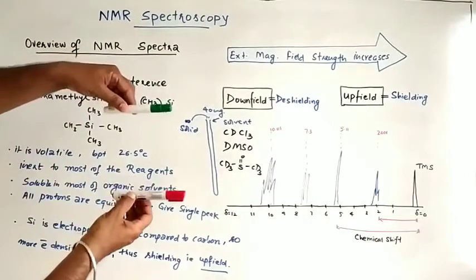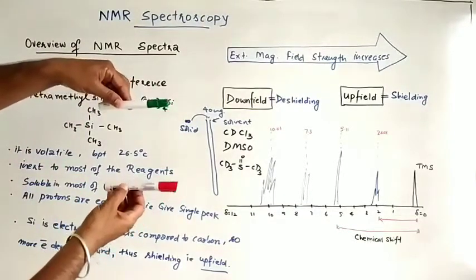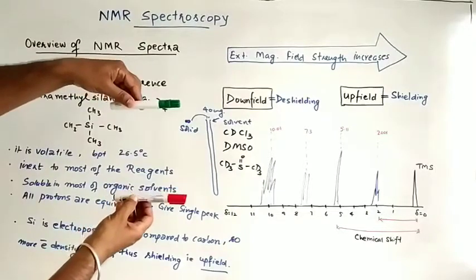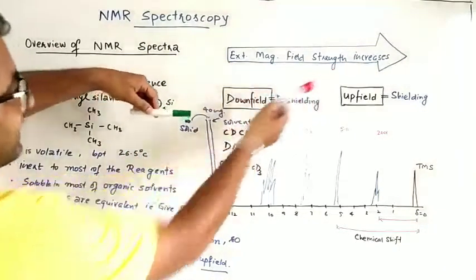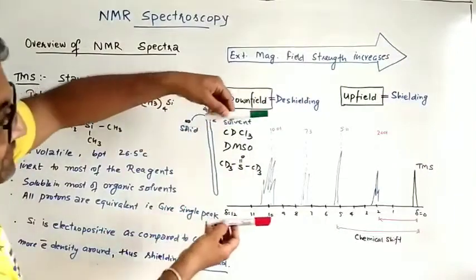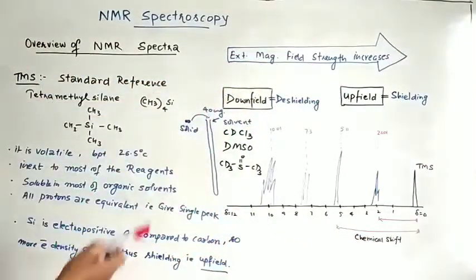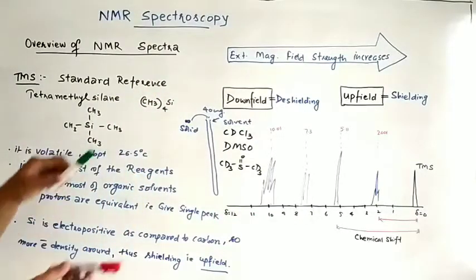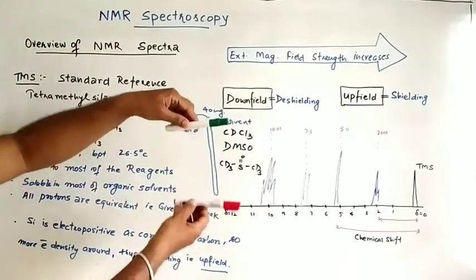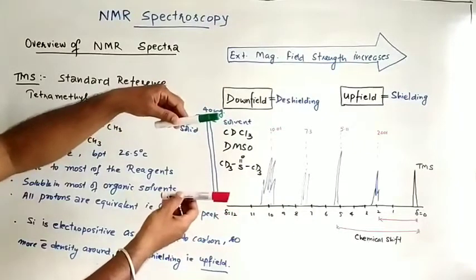The difference between alpha and beta increases when the external field increases, from left to right. So in our hand is the external magnetic field. When it is increased or decreased, the difference may increase or decrease.